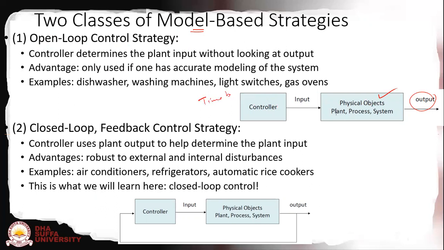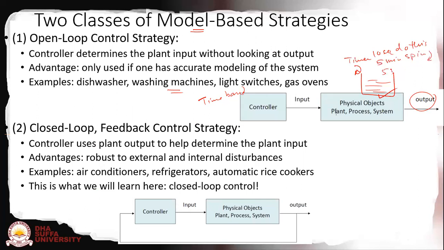Time based. So you put the water in it. It may be a washing machine or a dishwasher. You put the water up to the level, and then you turn on the timer for 10 seconds to do this, for example, rinse. Your water intake is automatic, and after doing this for 5 minutes, you may spin right.